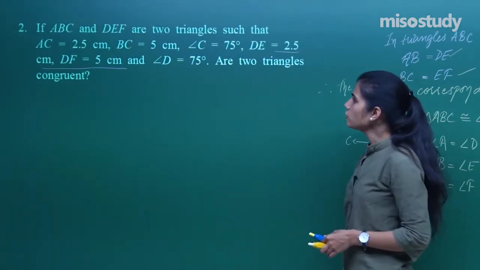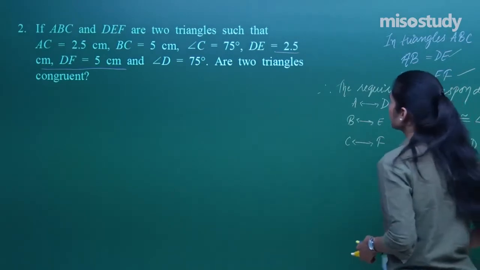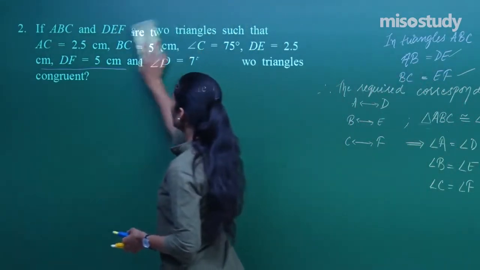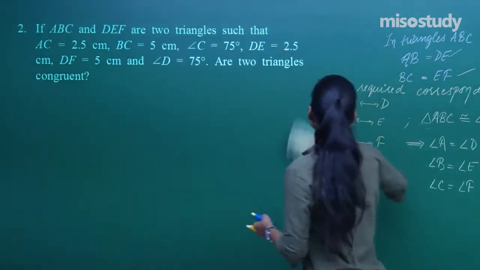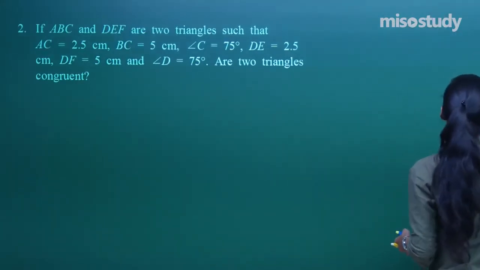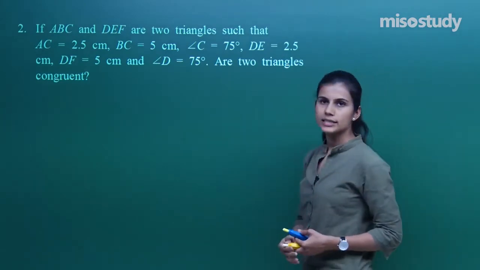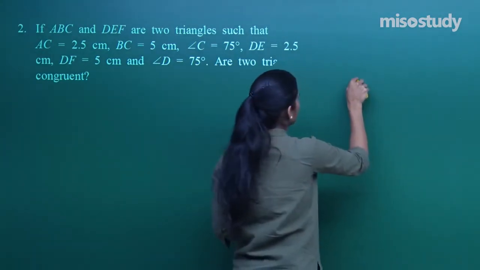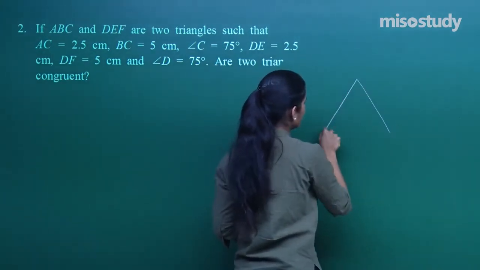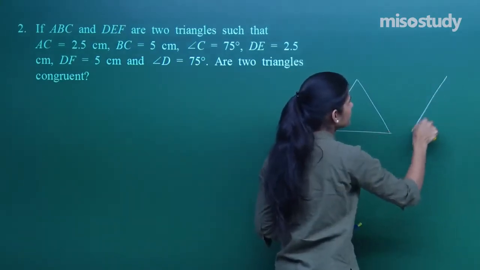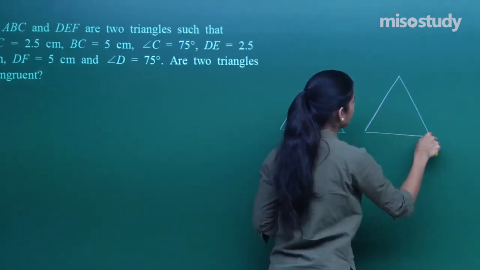Let's look at the next question. We have again two triangles given to us and there are measurements of sides and angles given to you corresponding to the two triangles. You have to answer whether the two triangles are congruent or not. Let's talk about them. Roughly, if this is one triangle, this is another triangle.